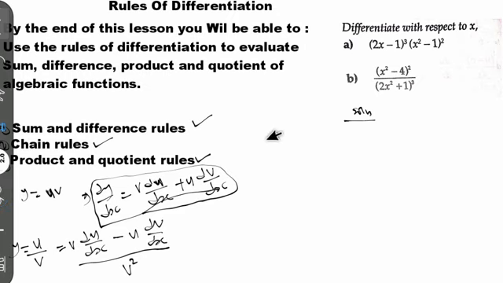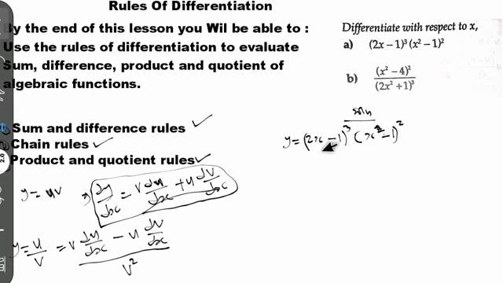So we say that our y is equal to (2s minus 1), everything raised to the power of 3, and it will also multiply by open bracket s to the power of 3, s to the power of 2 minus 1, close bracket, everything to the power of 2.